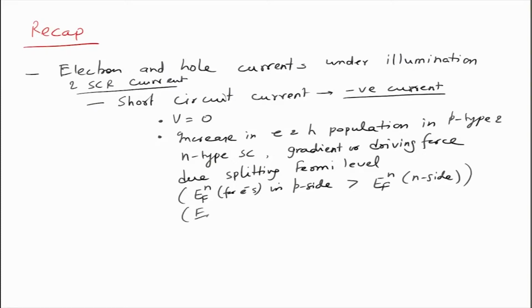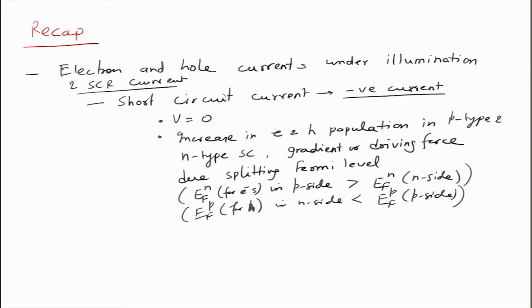Similarly, EFP for holes in n side is lower than EFP in p side. So you can say electrons like to sink and holes like to float. When there is a downhill gradient of the Fermi level, electrons will go from p to n side and holes will go from n to p side.